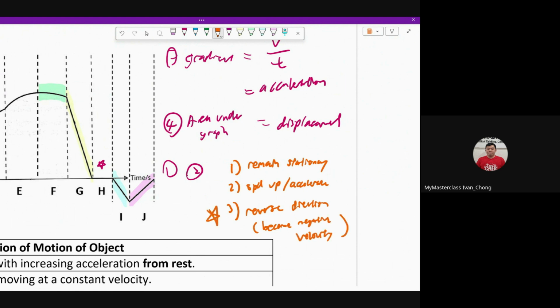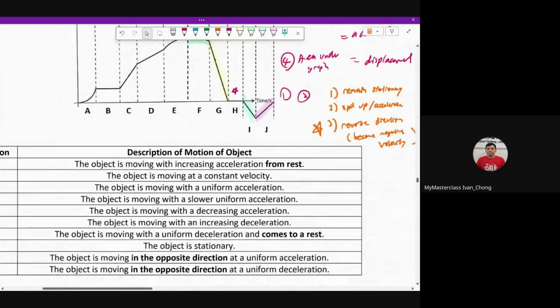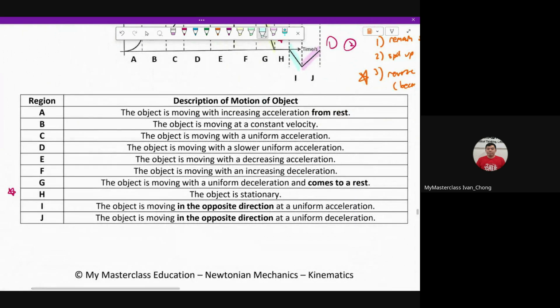This negative velocity part is the one that you need to be careful of, because remember, we don't use the word negative. Instead, you use the words in the opposite direction. But the one I want to highlight to you is this point here.